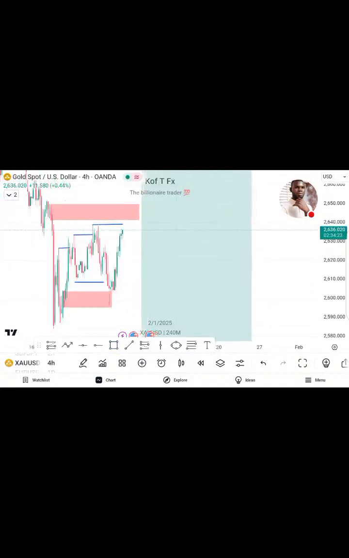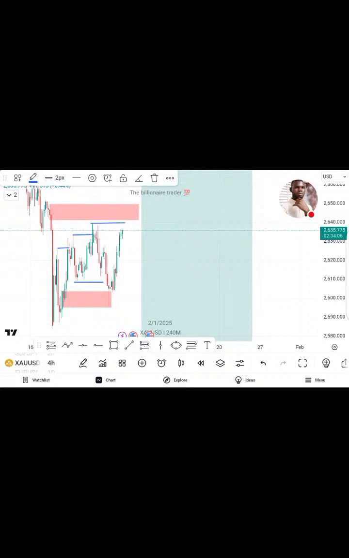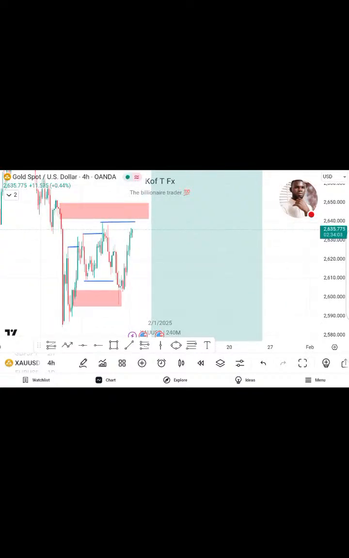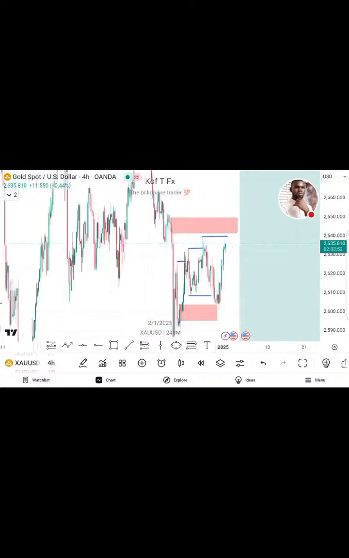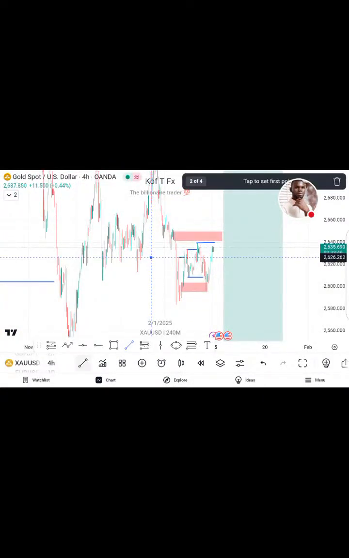So this particular high only serves as engineered liquidity towards that POI, and we have this internal BOS here.